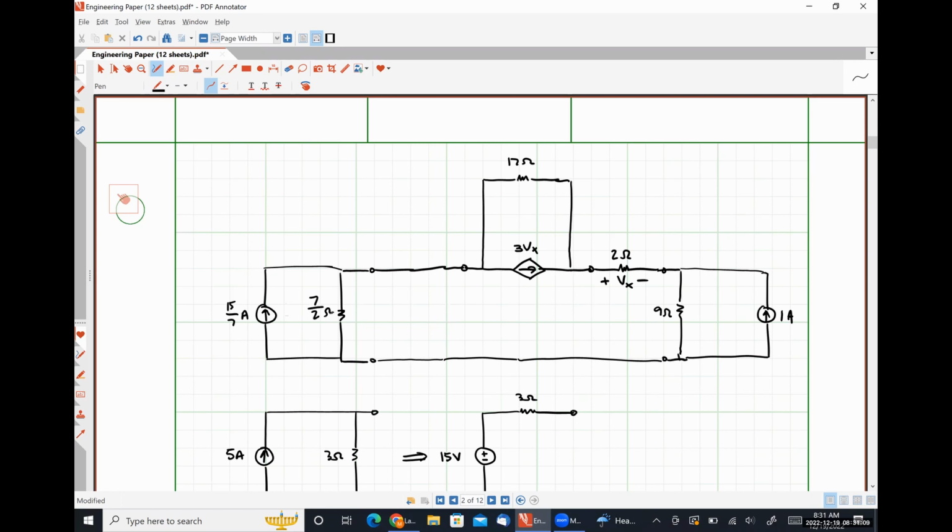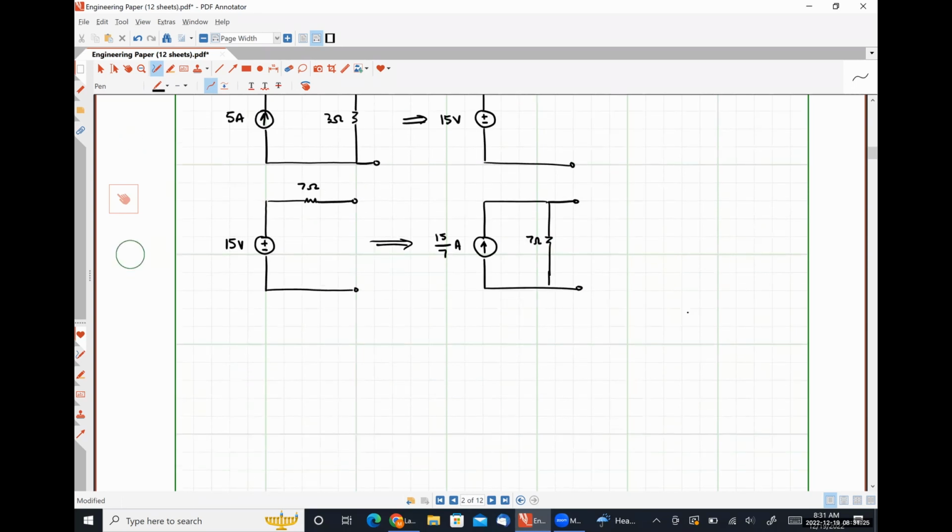And then I would actually do a source transformation again here. Just because my goal at this point is to show you that I can make this look like a single loop circuit, right? So 15 down here.